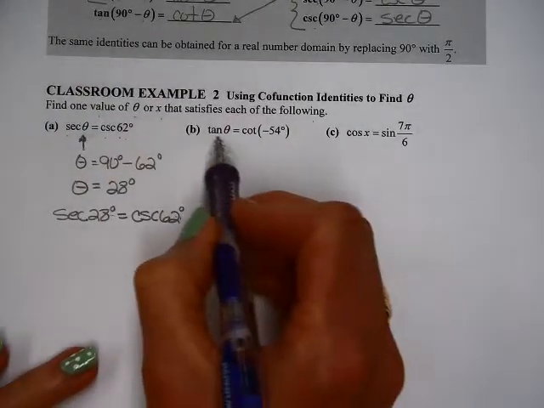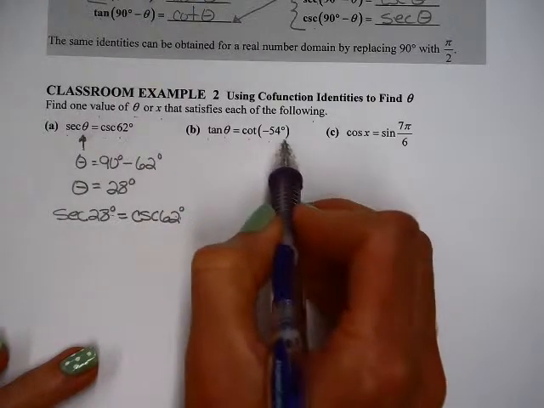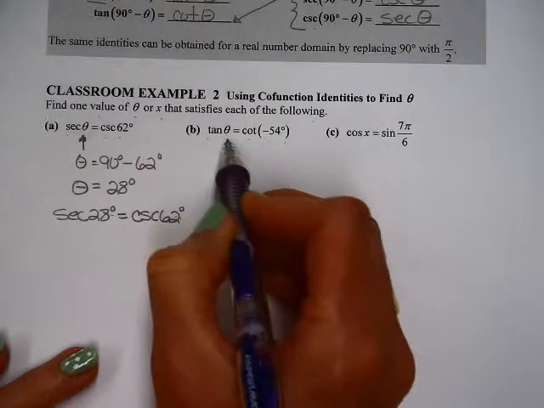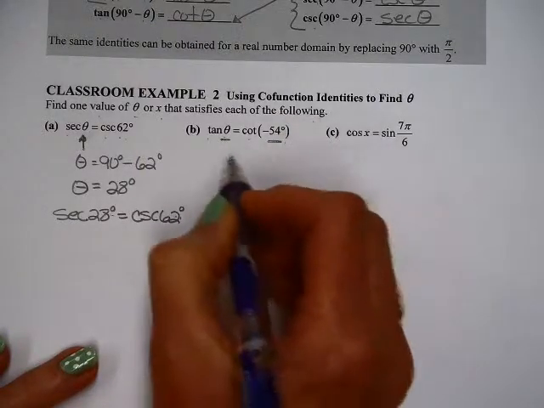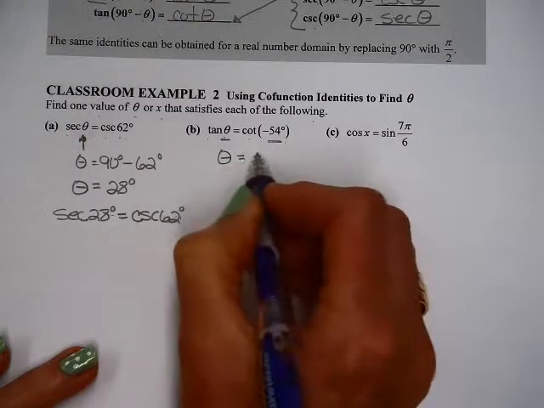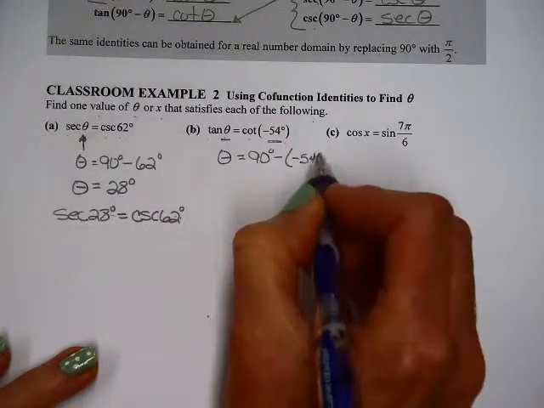All right, well, what about this one? Tangent of theta is equal to the cotangent of negative 54 degrees. What do you know about this angle and this angle? They add to 90. So all you do is take 90 minus negative 54 degrees.